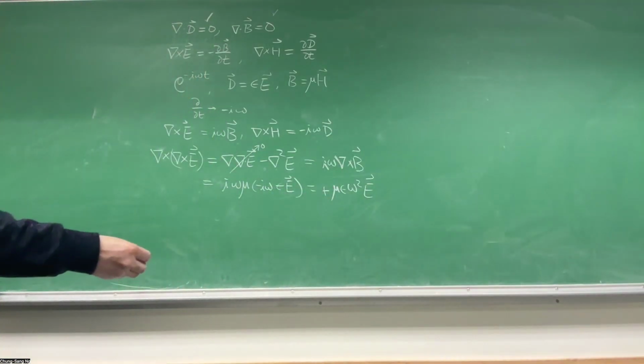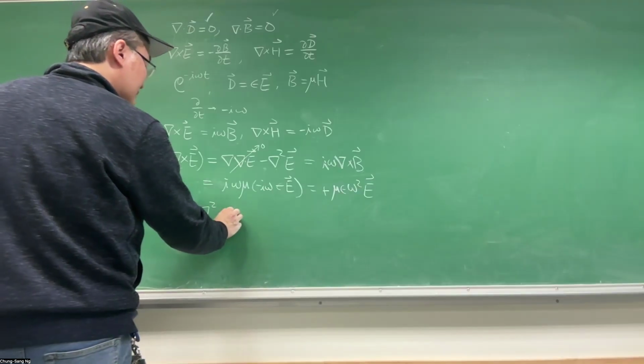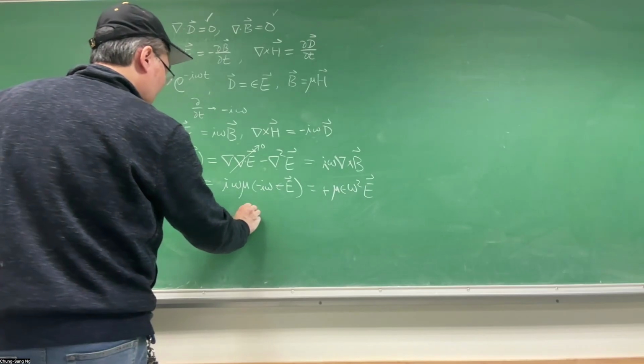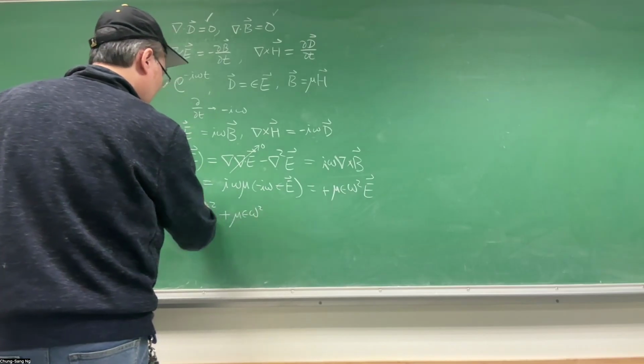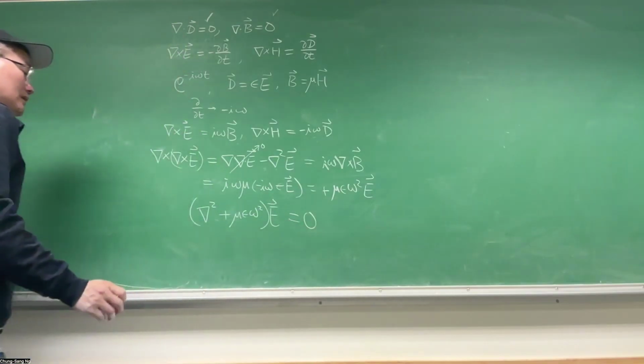So altogether, Laplacian plus mu epsilon omega squared, this operator on E equals 0.